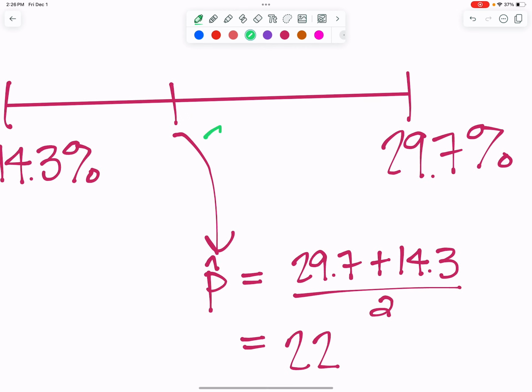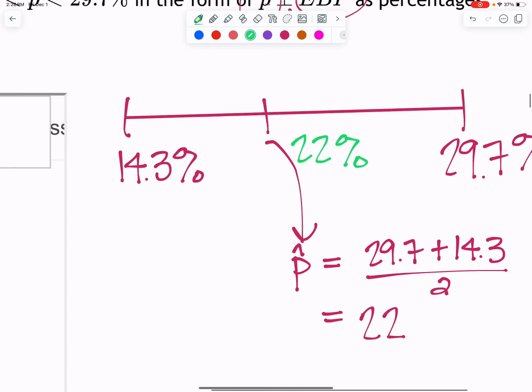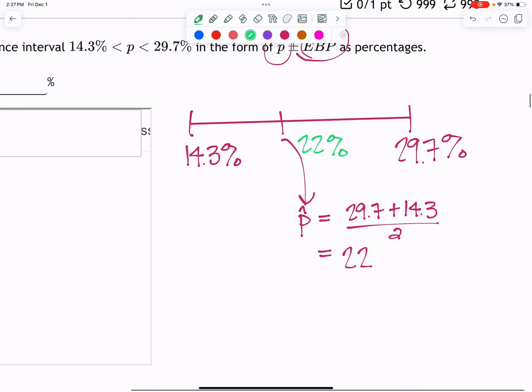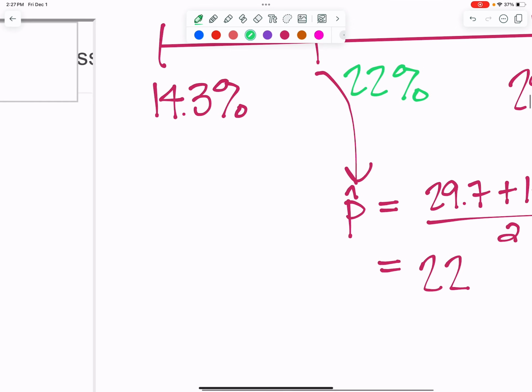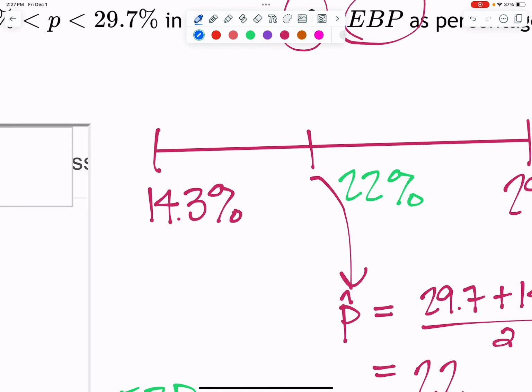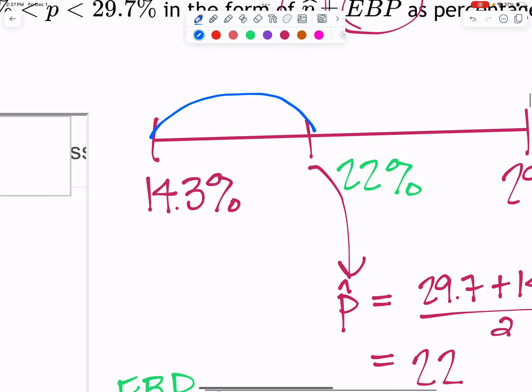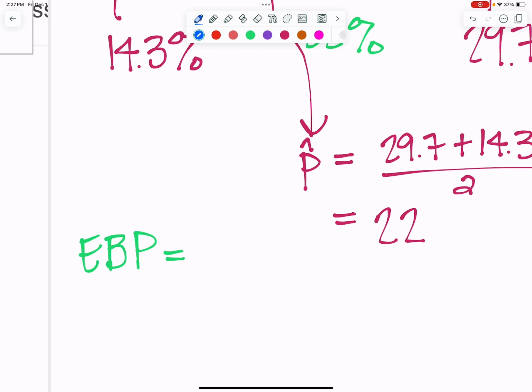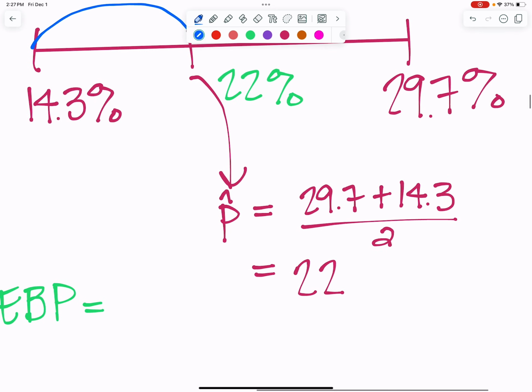So our P hat is 22%. Now we need to find that EBP. The EBP is the distance between the lower bound and the mean, or the lower bound and P hat. So I'm going to start with P hat and subtract the lower bound.